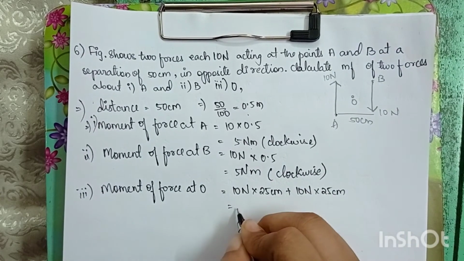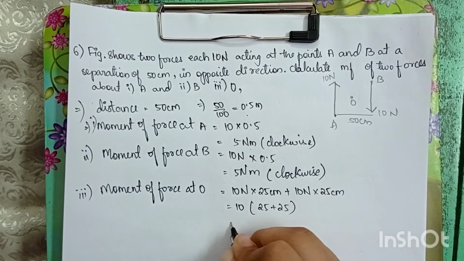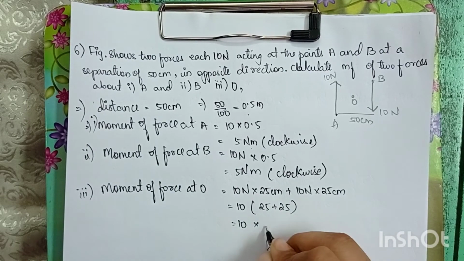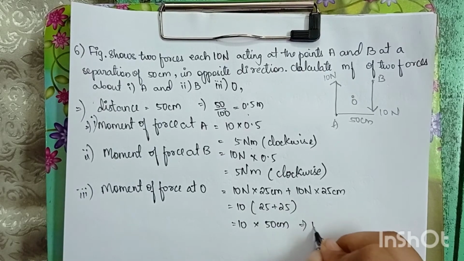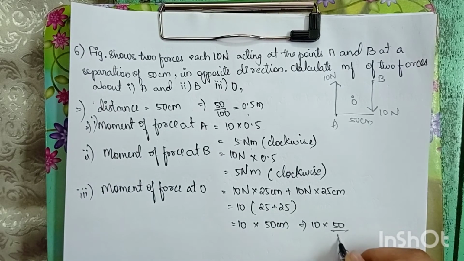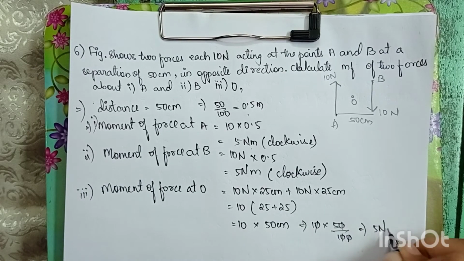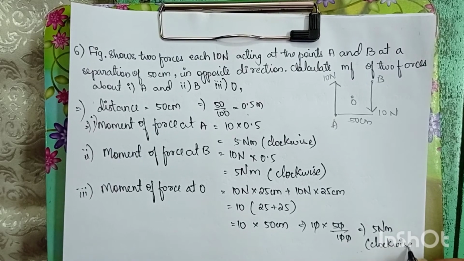So then 10 we should take common, 10 into (25 plus 25), which is 50 centimeter. Now this is in centimeter, so we should convert it into meter. 10 into 50 by 100, the zeros cancel. Then this will be 5 Newton meter, and this is also clockwise. Okay, so we got the sixth answer also.